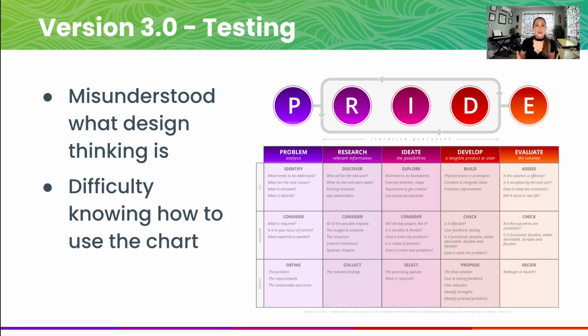We're just putting a new plan together, which is actually what problem analysis is. It doesn't mean that there's something negative going on. It just means we have something that we need to address. But that wasn't clear to somebody who wasn't familiar with design thinking, and just didn't know how to use the model to begin with. And so I should have listened better in version 2.